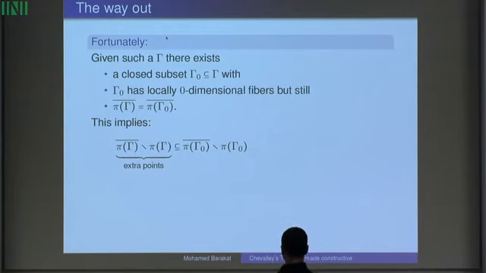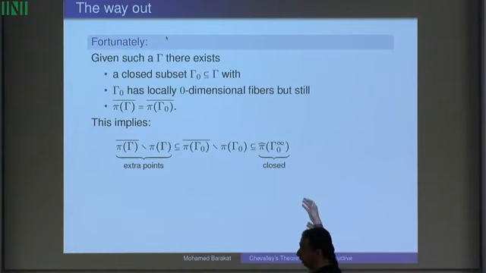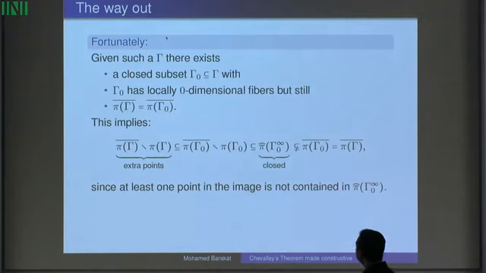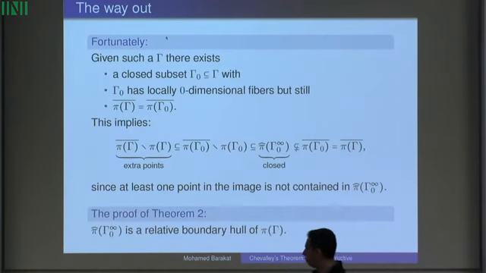So you just get an inclusion, but this is not a problem. And by the previous consideration, this is included in this candidate for the relative boundary hull. But now we have a strict inclusion, because we know that at least one point, because of this condition, will not come from infinity. And that's all. And this gives us the proof of theorem 2.